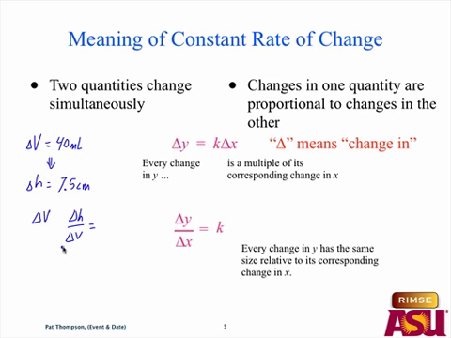What was it? 0.1875. So what if I put in 80 milliliters of volume? We know this came from 7.5 over 40. So what if I put in 80 milliliters? Yeah, it would go up 15 centimeters, right? The height of the water would go up 15 centimeters.